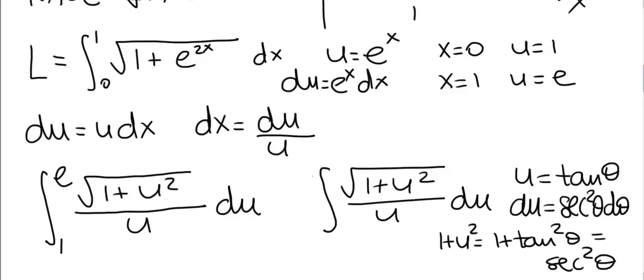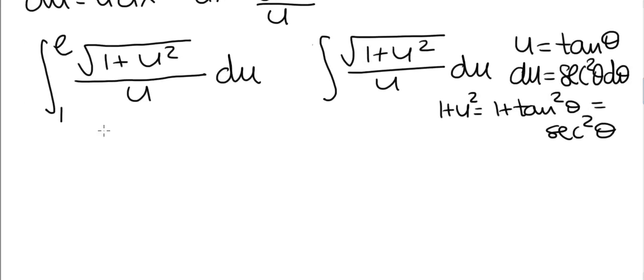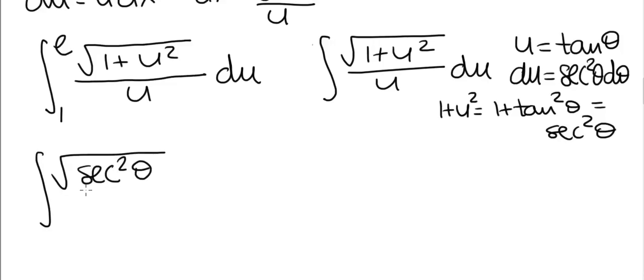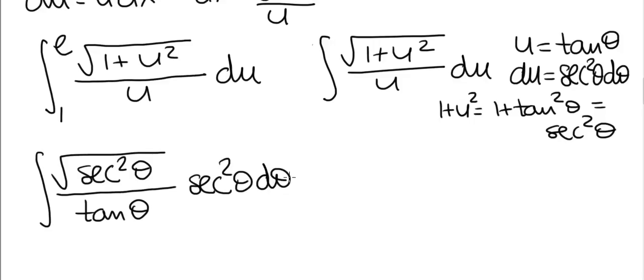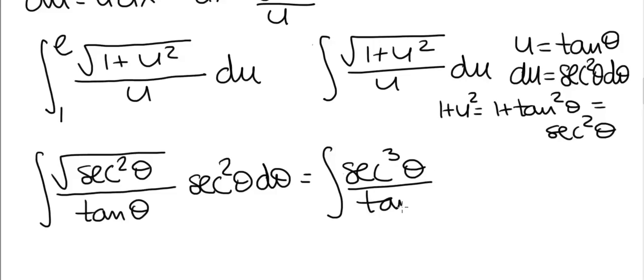So we return to this integral, and 1 plus u squared under the radical is now secant squared theta. In the denominator we have u, which is tangent theta, and then times du, which is secant squared theta d theta. And this is equivalent to the square root of secant squared, which is secant. Secant times secant squared is secant cubed theta divided by tangent theta d theta.